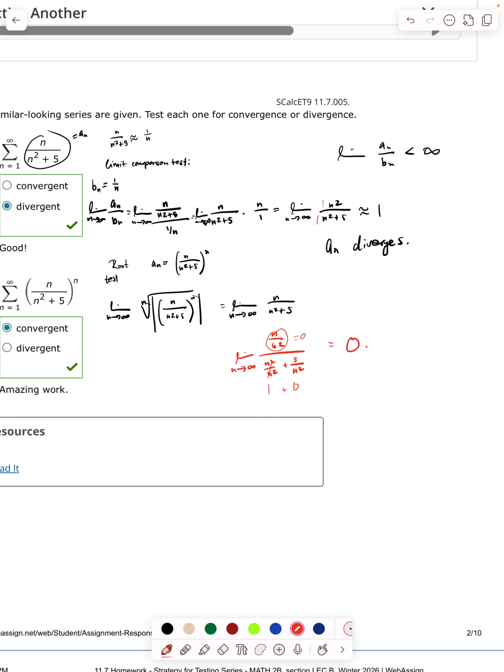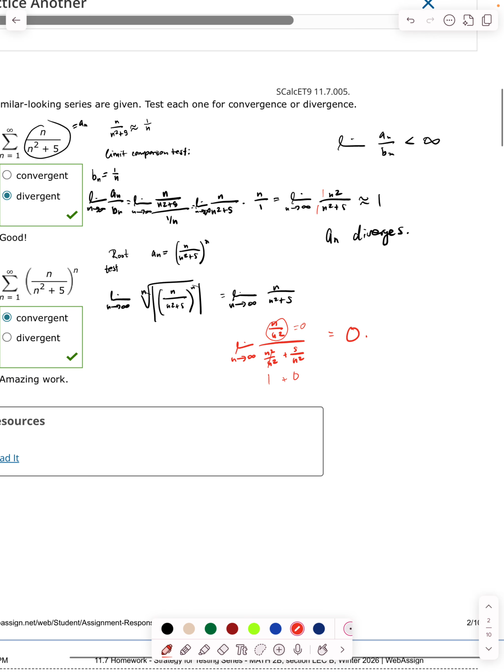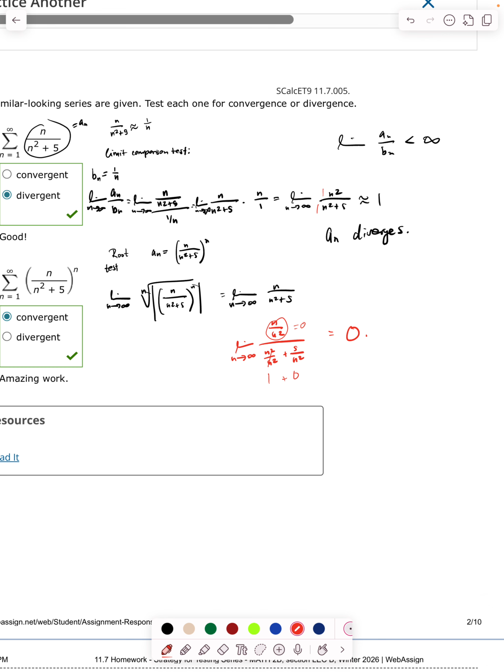What is interesting about this is that originally this series, without the power of n, diverged. But the moment you add the power of n, it's enough to speed up the rate so that the value gets smaller and smaller, and so it converges.